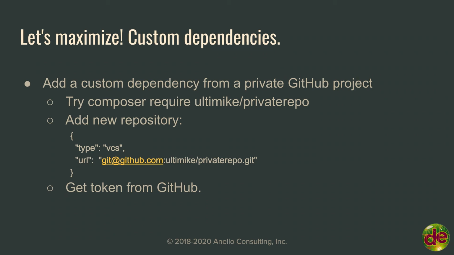Then when you run composer require, in my case on a demo one called my private repo, ultimate/private repo, Composer will prompt me for a GitHub token. It gives me the URL to go to GitHub, log in, get my token, copy it, and paste it into the prompt, and I'm done. It's ridiculously easy.